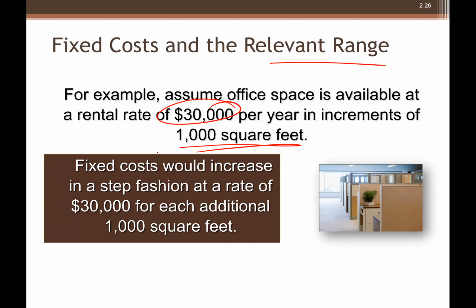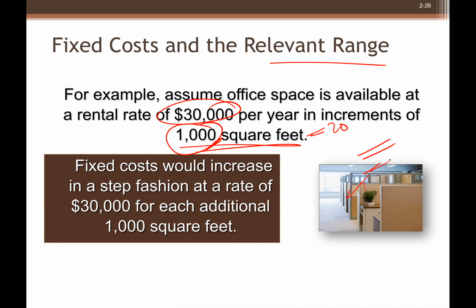For example, if you want to rent an office, the minimum you can rent is 1,000 square feet. And in 1,000 square feet, you can make, for example, 20 small cabins, right?